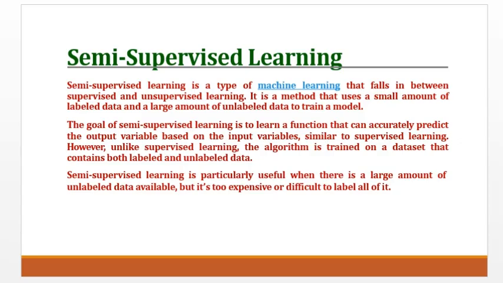How it works is, the model first learns the patterns from labeled data and then applies these patterns to the unlabeled data for further training. The goal of semi-supervised learning is to learn a function that can accurately predict the output variable based on input variables. However, the algorithm is trained on a data set that contains both labeled and unlabeled data.